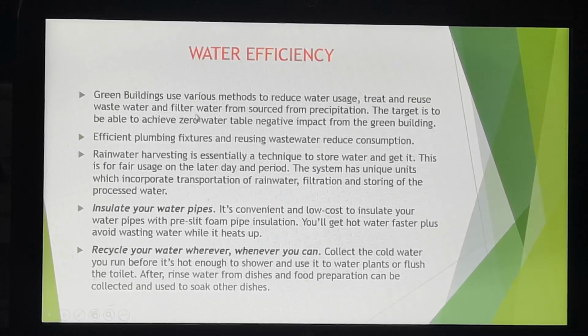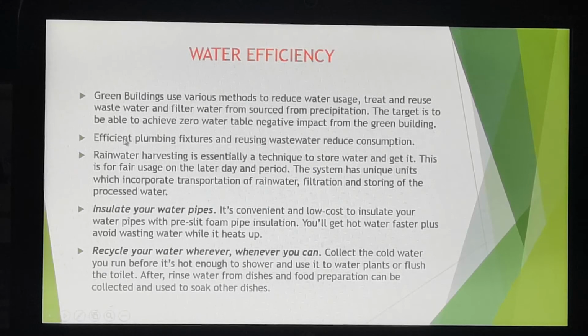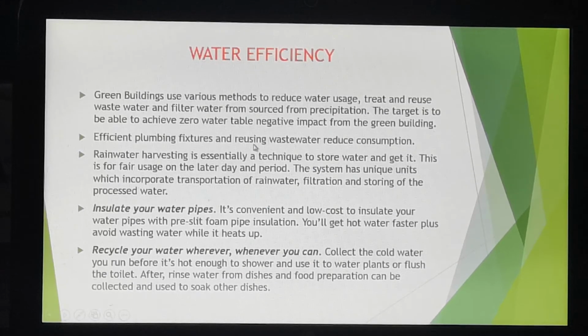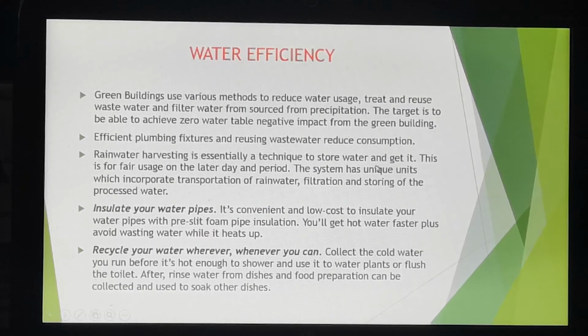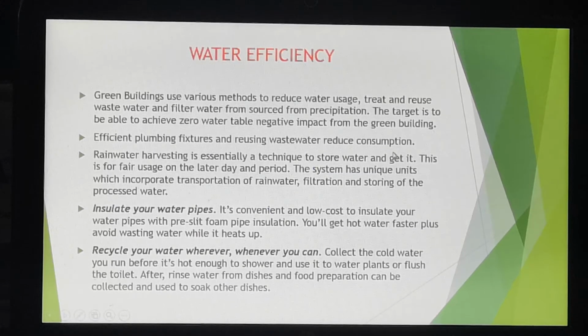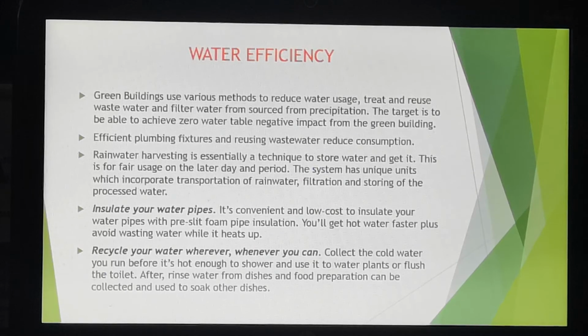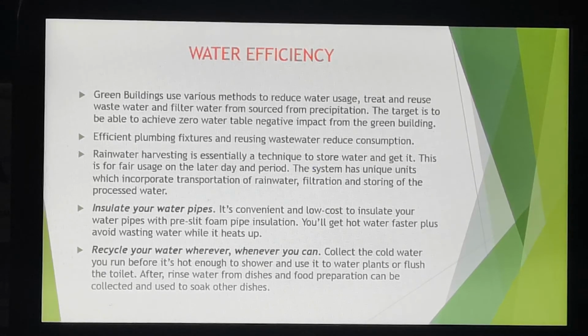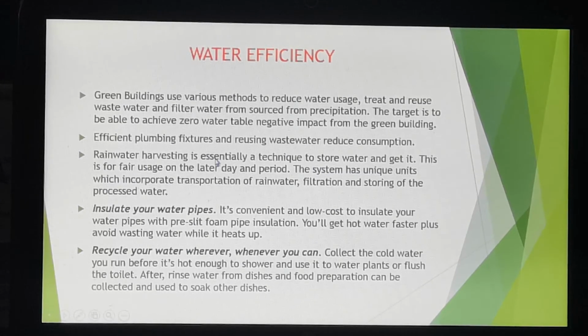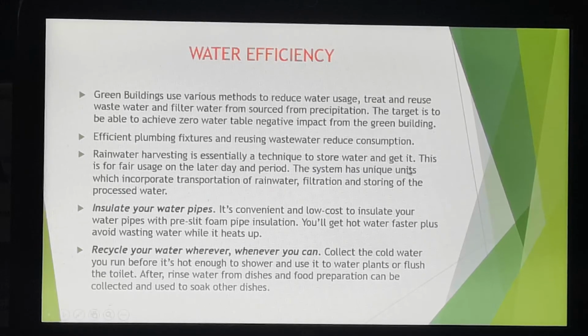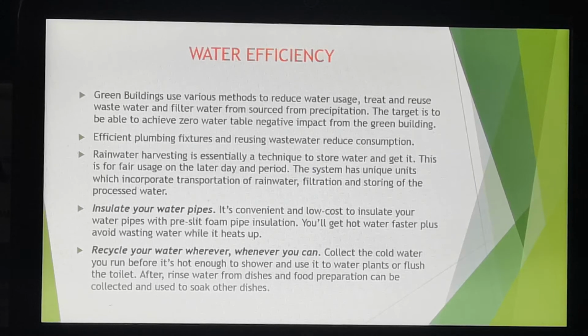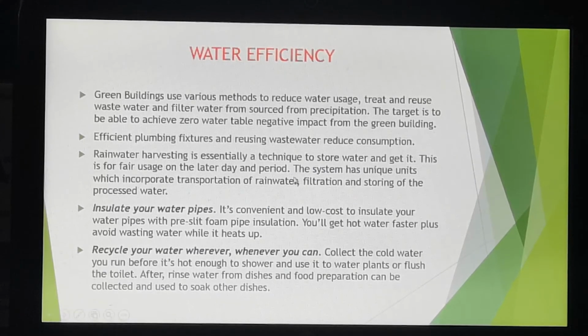So one of them is efficient plumbing fixtures. Reusing waste water reduces consumption. This has actually been applied in buildings that consume a lot of water. And also rainwater harvesting, which we can use as a technique to store water, especially for plant farming.